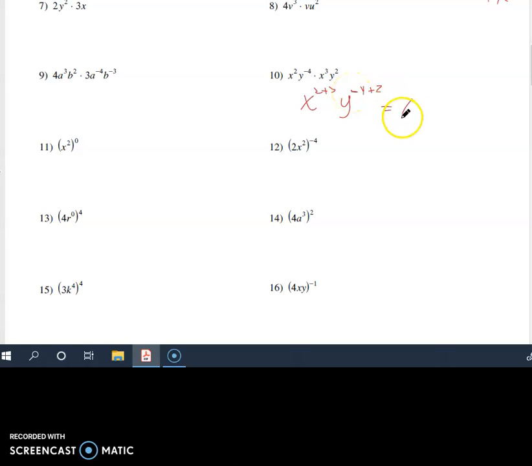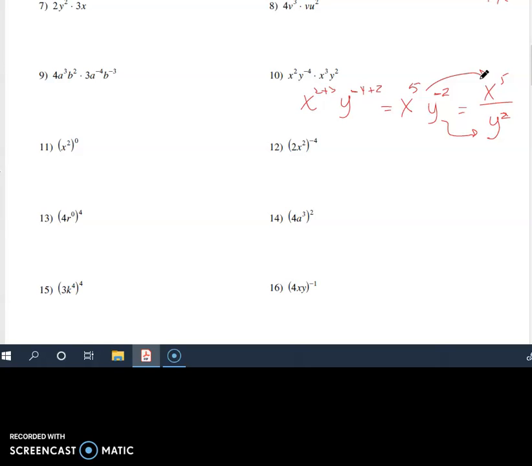So the exponent of the x is 5, and the exponent of the y is -2. So we've been talking about this idea of a negative exponent. That tells me that those y's really are in the denominator of our answer, and the x's remain in the numerator because the exponent's positive. So the final answer is x to the 5th over y squared.